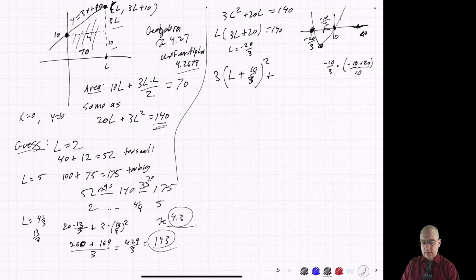It's good. If you factor out the 3, you'd actually get pretty much the same thing. Look at the sign. Anyway, minus 100 over 3. So I should have known it was going to be a minus. Minus 100 over 3. And then it's equal to 140. Now you can square that out and prove that I've done this right.